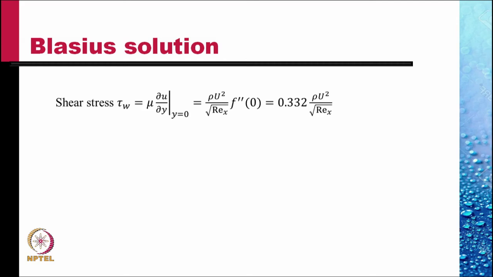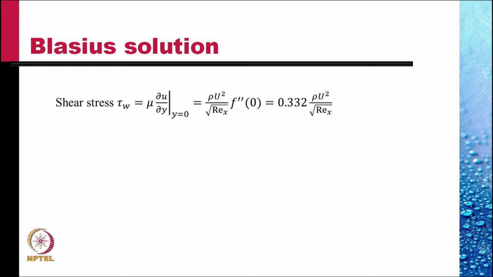The shear stress tau W at the wall is mu del u by del y at y equal to 0, that is at the wall, and it can be shown that with our transformation that becomes rho U square under root Rex times f double prime at wall.